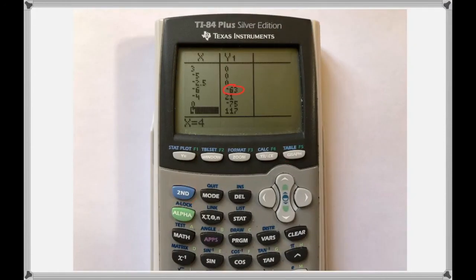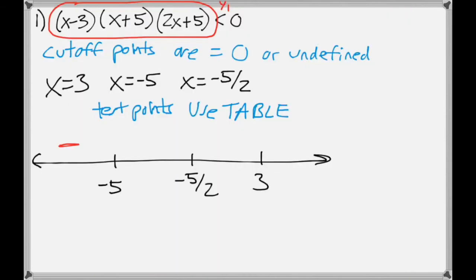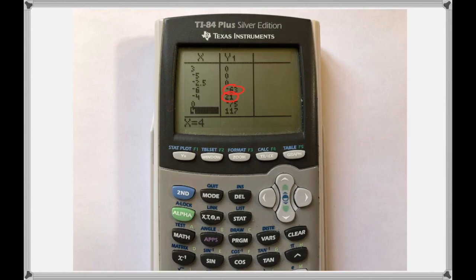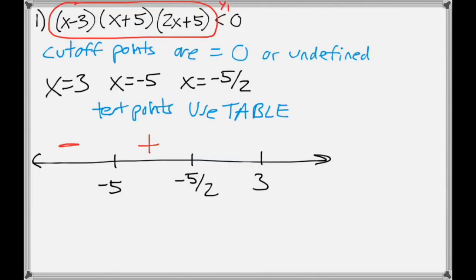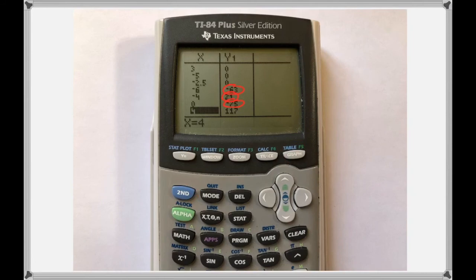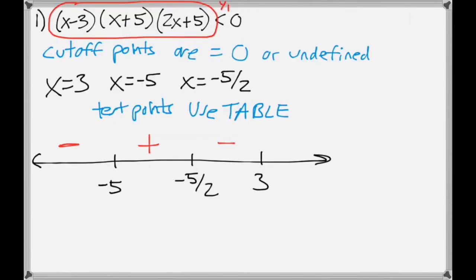If you plug in negative 4, you get 21, specifically a positive 21. So that would be a positive region. If you plug in 0, you get negative 75. I only care about the fact that that is negative.